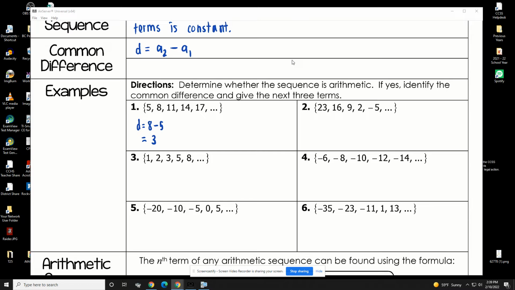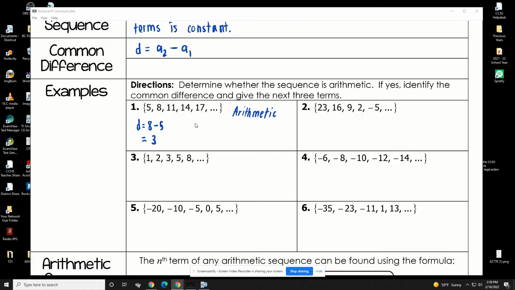So here's the question: is this thing increasing by 3 every time? Does 8 plus 3 equal 11? Does 11 plus 3 equal 14? Does 14 plus 3 equal 17? Absolutely it does. Therefore, without a doubt, this is arithmetic.